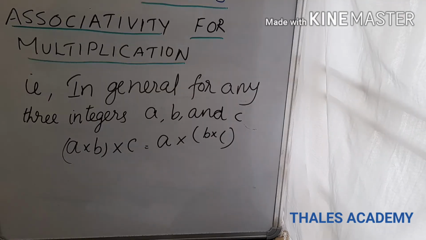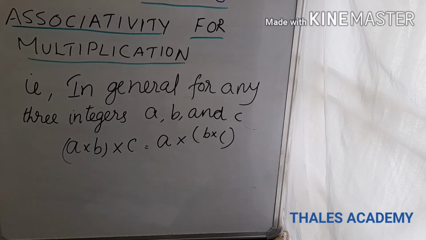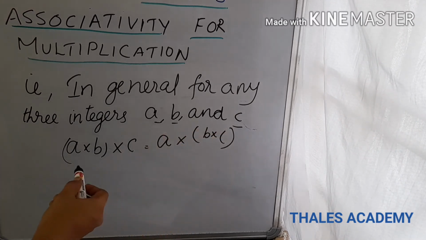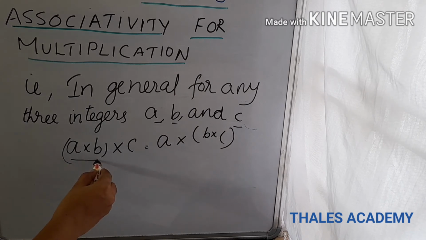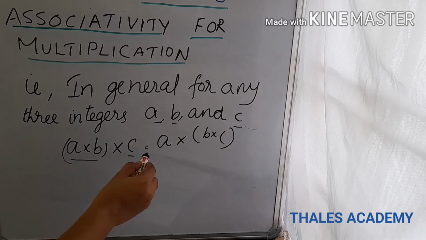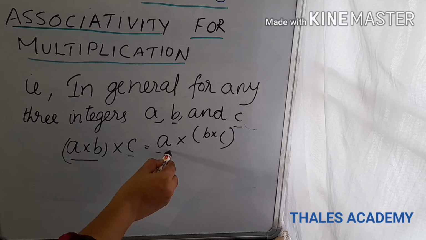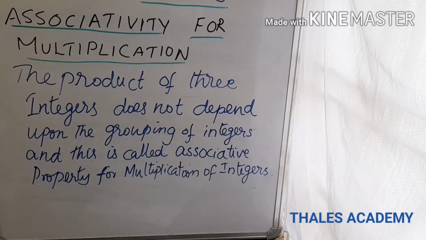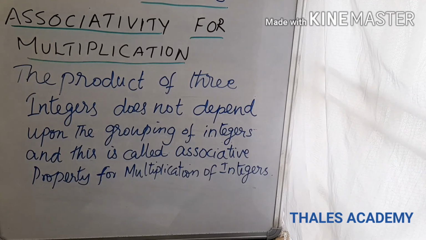No. In general, for any three integers a, b and c, a into b multiplied by c equal to a multiplied by b into c. That is, the product of three integers does not depend upon the grouping of integers.